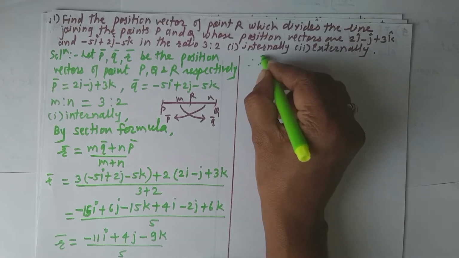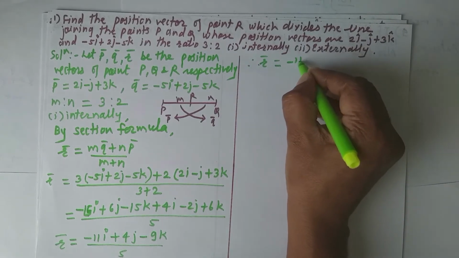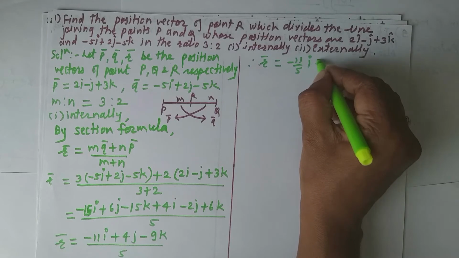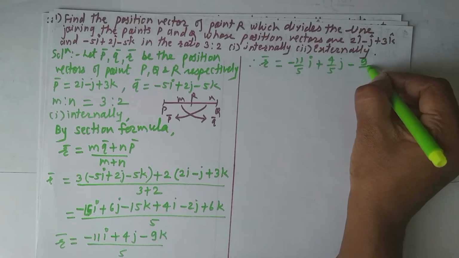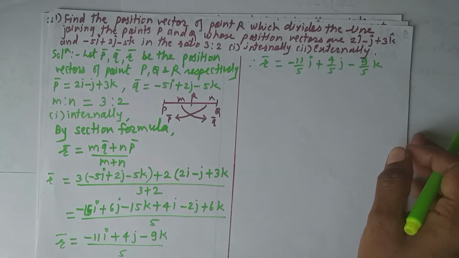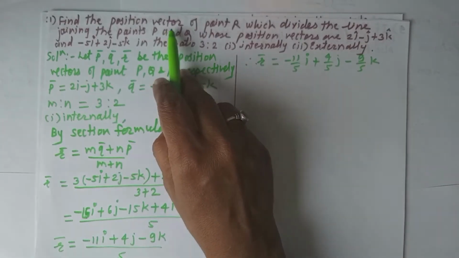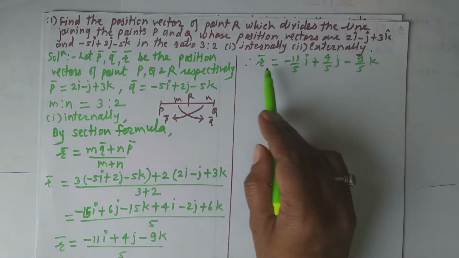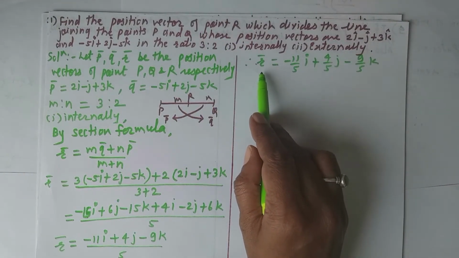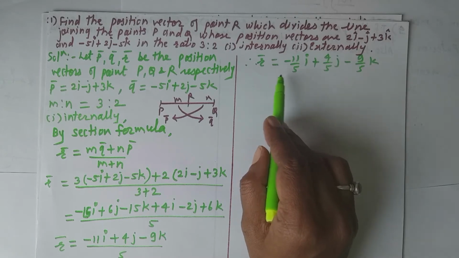Therefore I will get R bar is equal to minus 11 by 5 i plus 4 by 5 j minus 9 by 5 k. And what do I have to find here? The position vector of point R. This is the position vector of point R. In this way we have got the position vector of point R.